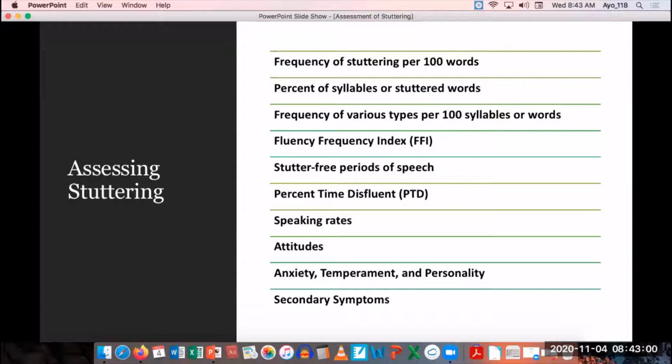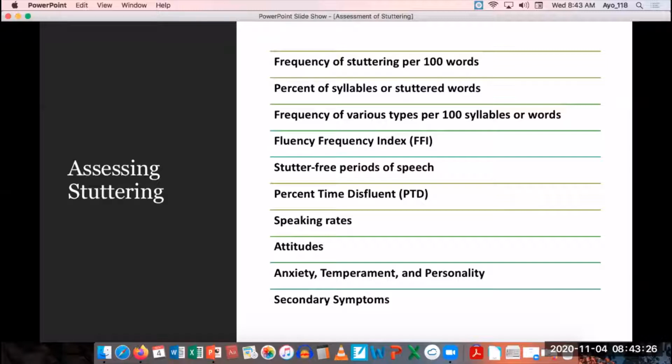With counting the percent of words stuttered, you're going to count the number of stuttered words, multiply that by 100, and divide that by the total number of words. That'll give you the percent of the words stuttered. If you're using syllables, you count the total number of syllables, count the total number of stuttered syllables, and do the same calculation.